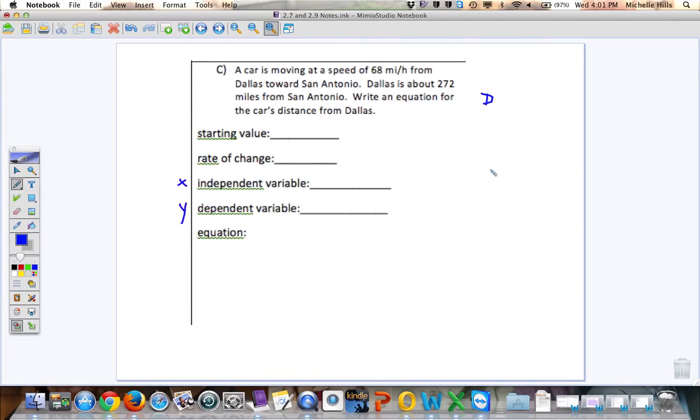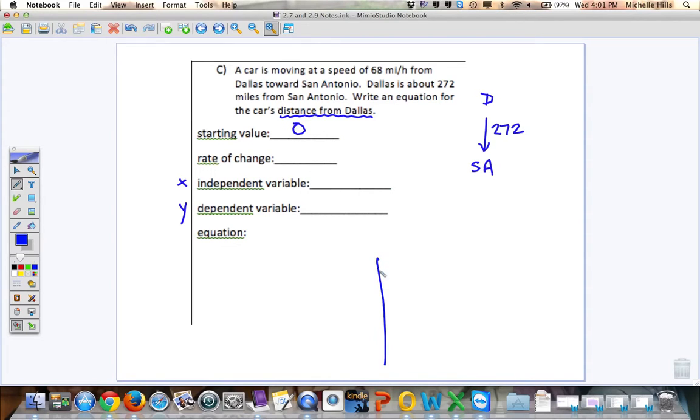You have Dallas, and you're driving to San Antonio. And it's 272 miles apart. Now, when they talk about distance and starting value and rate of change, in this case it's really important it's the distance from Dallas. So think about it. I'm starting in Dallas, and so when I'm starting, my distance from Dallas is 0.